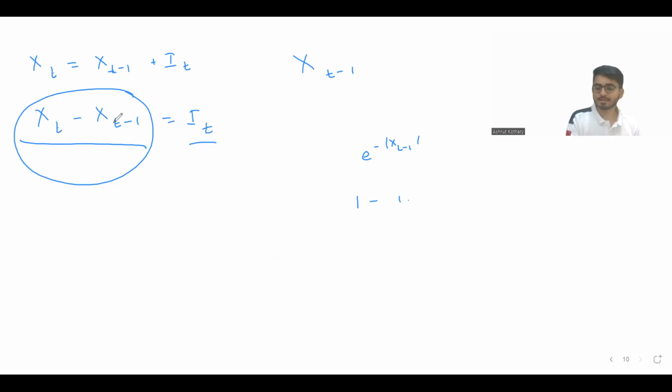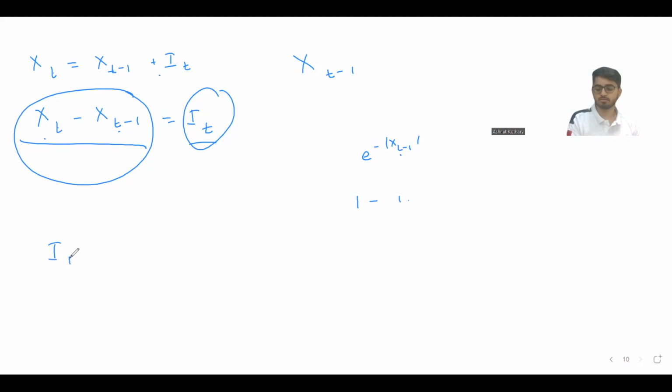So I clearly see that It is dependent on what, Xt-1. Therefore, this process does not have independent increments. Again, it is my increment over here.